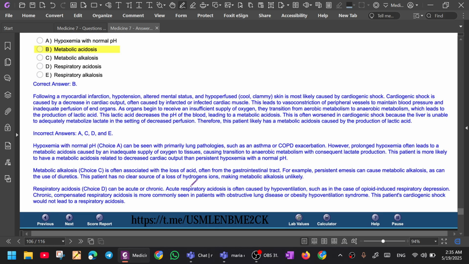This lactic acid decreases the pH of the blood, leading to metabolic acidosis. This is often worsened in cardiogenic shock because the liver is unable to adequately metabolize lactate in the setting of decreased perfusion. Therefore, this patient has metabolic acidosis from production of lactate.